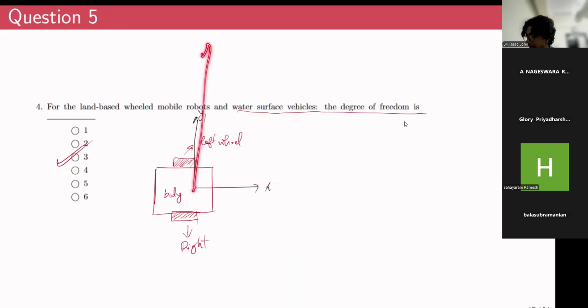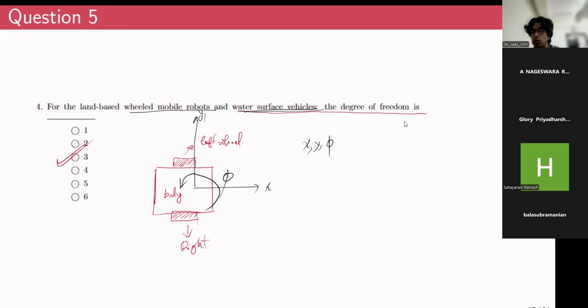It can also position anywhere along the Y coordinate. It can also orient in any arbitrary configuration it wants, like a rotation about the plane. I'll denote it as phi. So you need 3 variables, X, Y, and phi to fully define the configuration of a wheeled mobile robot and water surface vehicles, right?